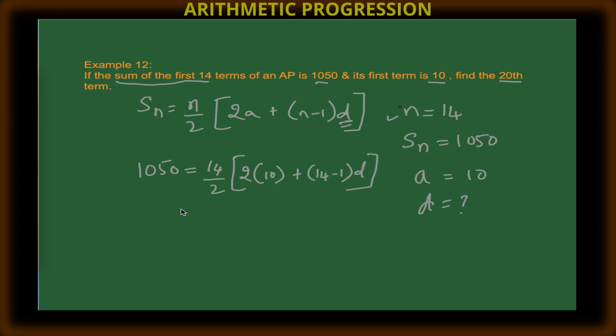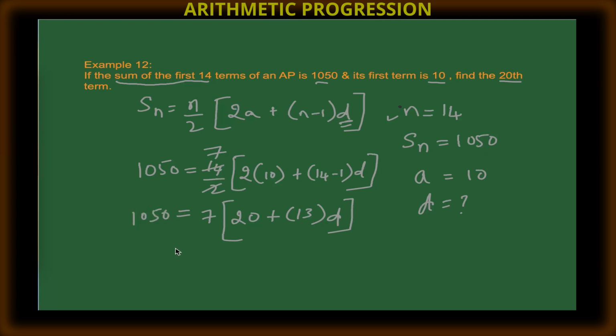So let's try to see. 2 sevens are 14, so 7. 2 tens are 20, plus 14 minus 1, which is 13, d. Let's simplify here. So we have 1050.